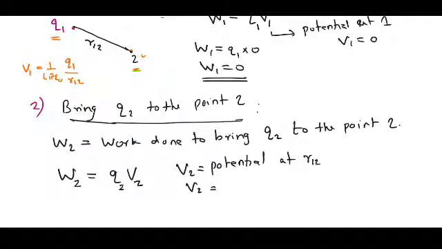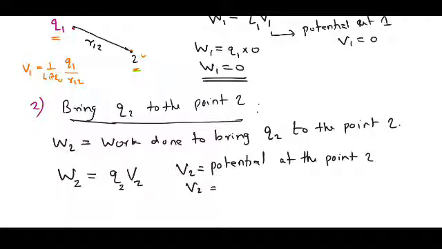The Q1 charge produces a potential at a distance R12. The V2, the electric potential at the point 2, is produced by the charge Q1.